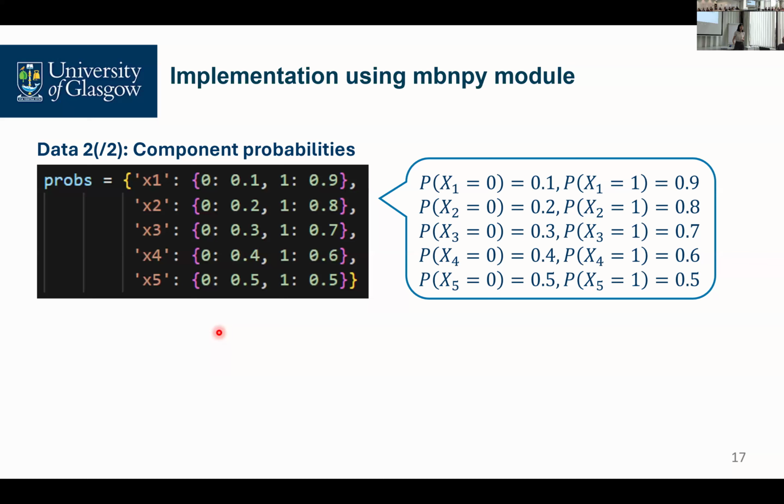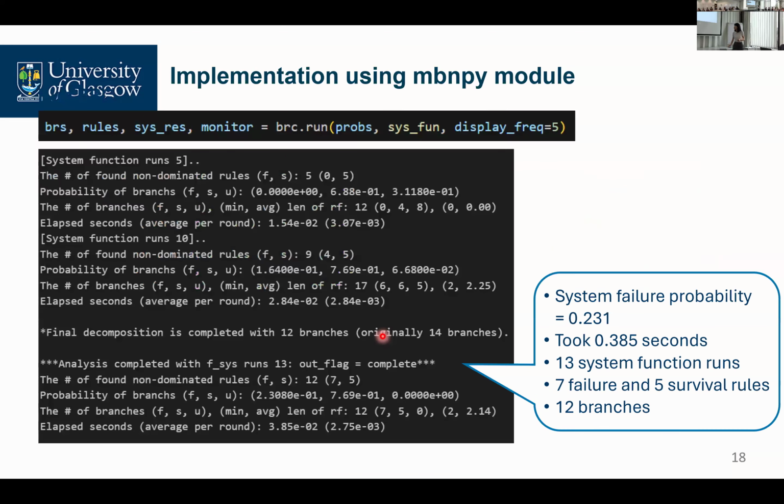This applies to multi-state components, so you can add more states if you have them. The only rule is that it starts from 0 and the states are sequential. Then you provide these two inputs, and this is just an optional input because I wanted to print out more of the progress.